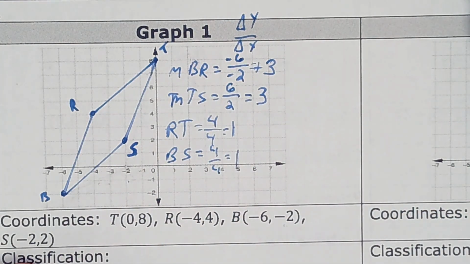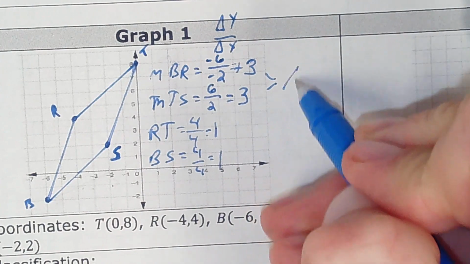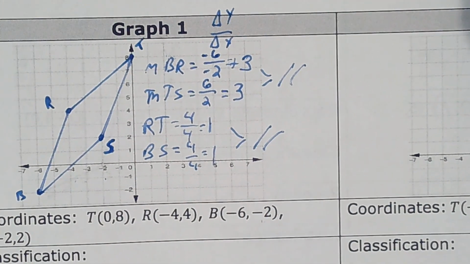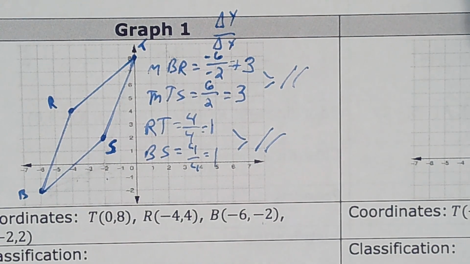All right, so these are parallel, and these are parallel. So at least I have a parallelogram. Okay, I wonder if it's a rhombus. I need to see if these are all the same length.